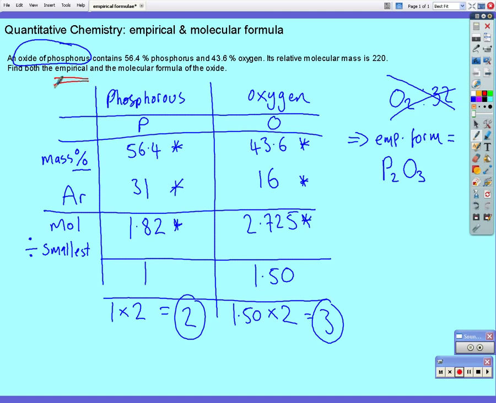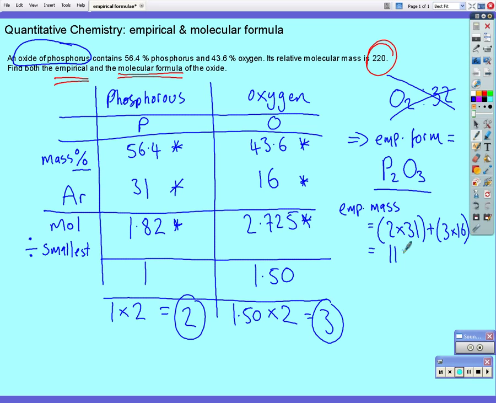Now the question wants us to find the empirical formula. We've done that, but it also wants the molecular formula, and that's why it's told us that the molecular mass is 220. Well, if we know the molecular mass is 220 and we know the empirical mass, we just add up all of the atoms of the elements in the empirical formula. Empirical mass gives me, using my periodic table, 2 multiplied by 31 plus 3 multiplied by 16, that gives me 110.